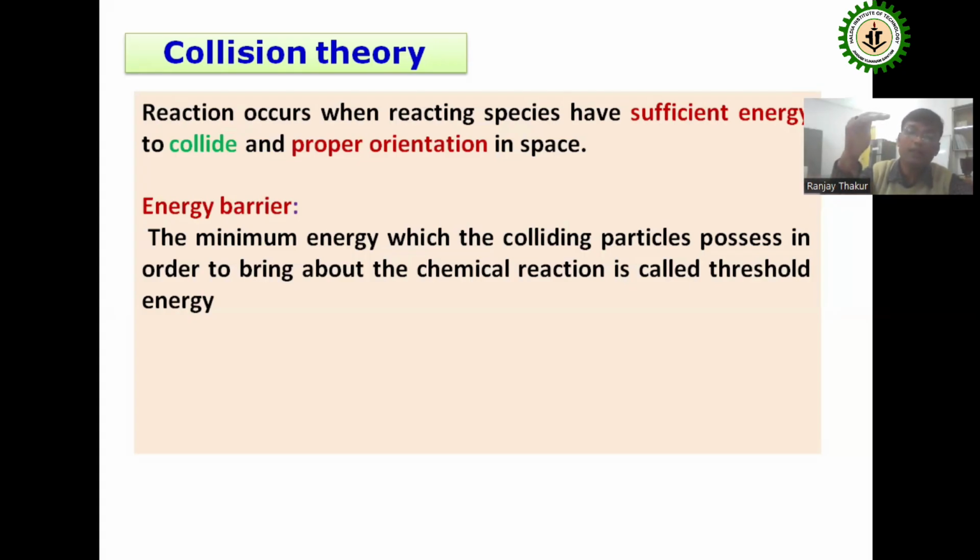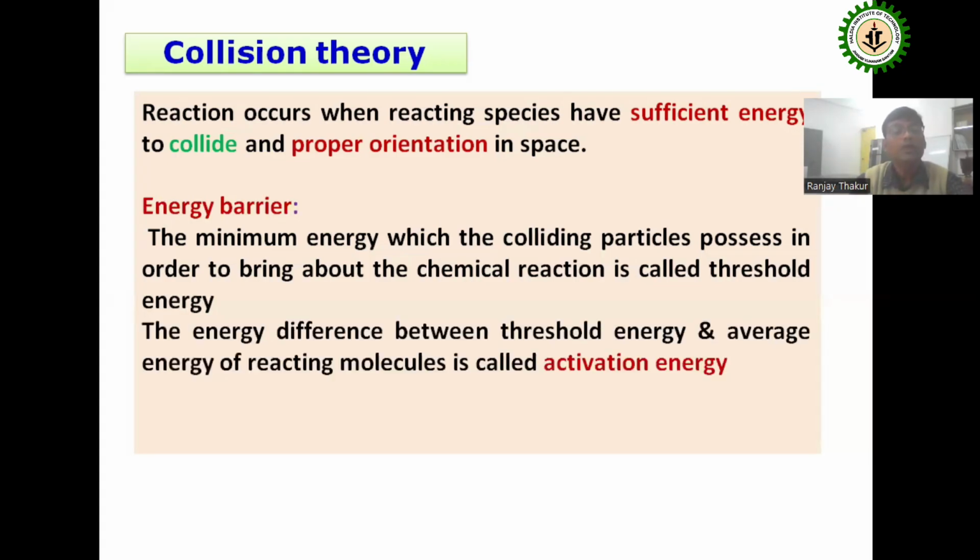This will be clear when we discuss the transition state theory. That level is called the energy barrier. Okay, so that will be clear from the graph. The energy difference between threshold energy and average energy of reacting molecules is called activation energy.